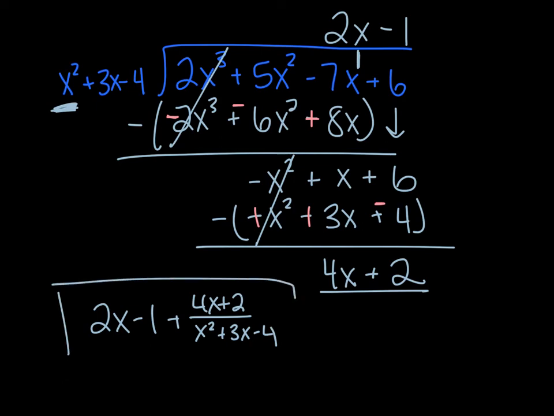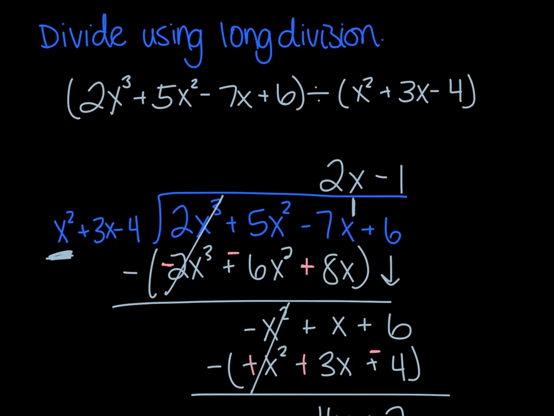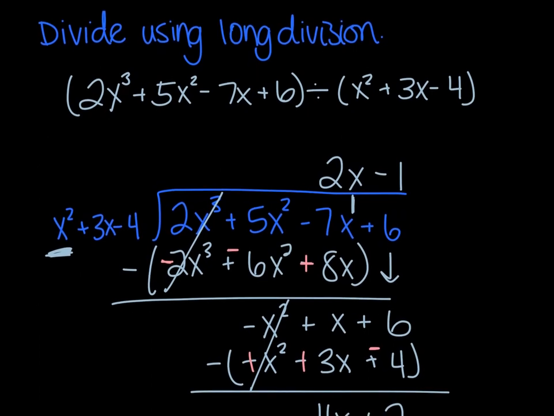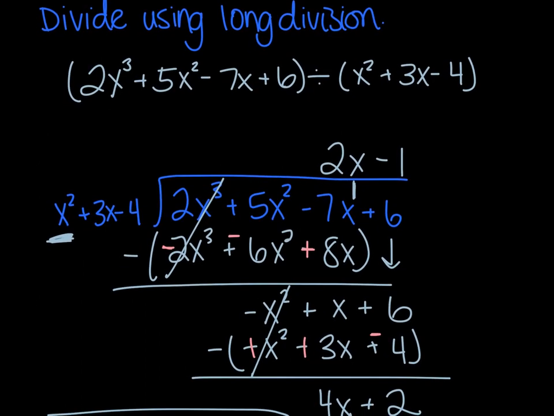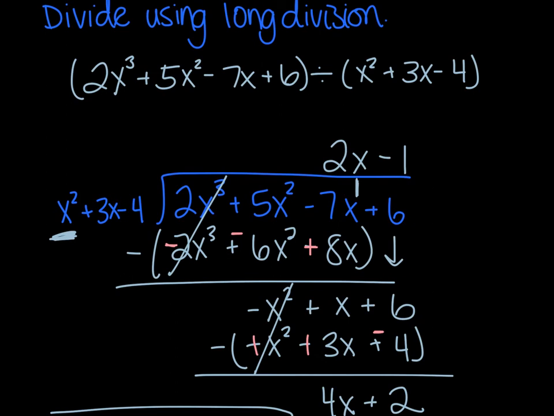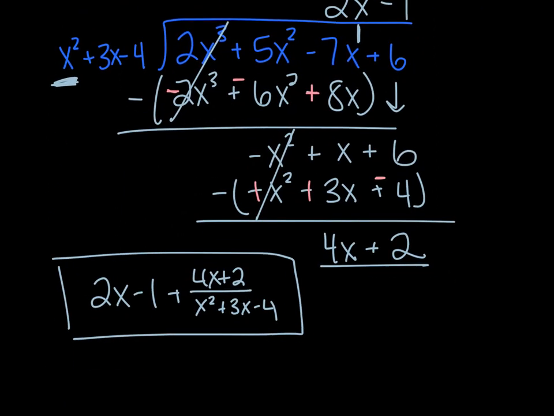So this right here is the answer to our polynomial long division problem that we started with, 2x cubed plus 5x squared minus 7x plus 6, divided by this quadratic here, x squared plus 3x minus 4, gives us this answer right here. So this is what you would want to write as your answer.